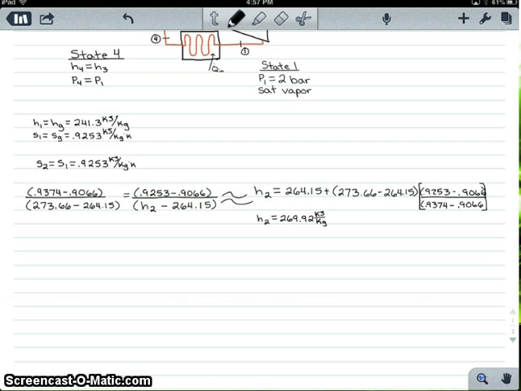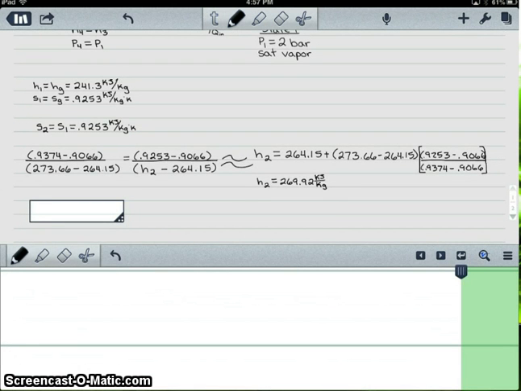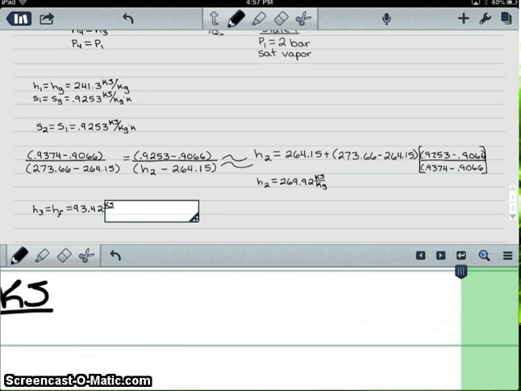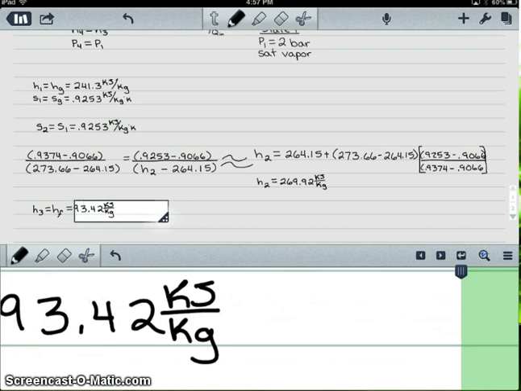This is all enthalpy, so h3 equals hf, which is equal to 93.42 kilojoules per kilogram. From our known information above, we know that this is also equal to h4.